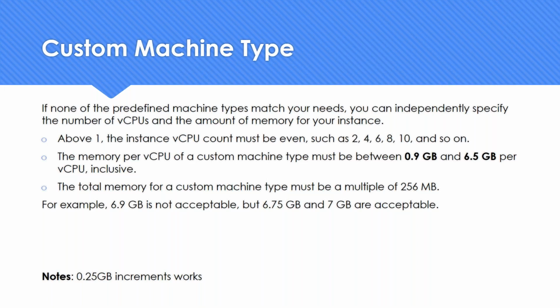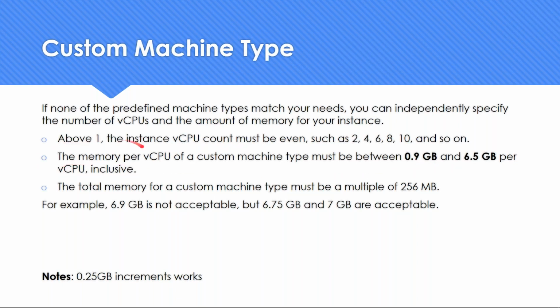The reason is there are certain rules which you need to follow. The vCPU cannot be an odd number. It can be only one, or any even number, 2, 4, 6, 8, anything. And the memory has to be between 0.9 to 6.5 GB per vCPU.